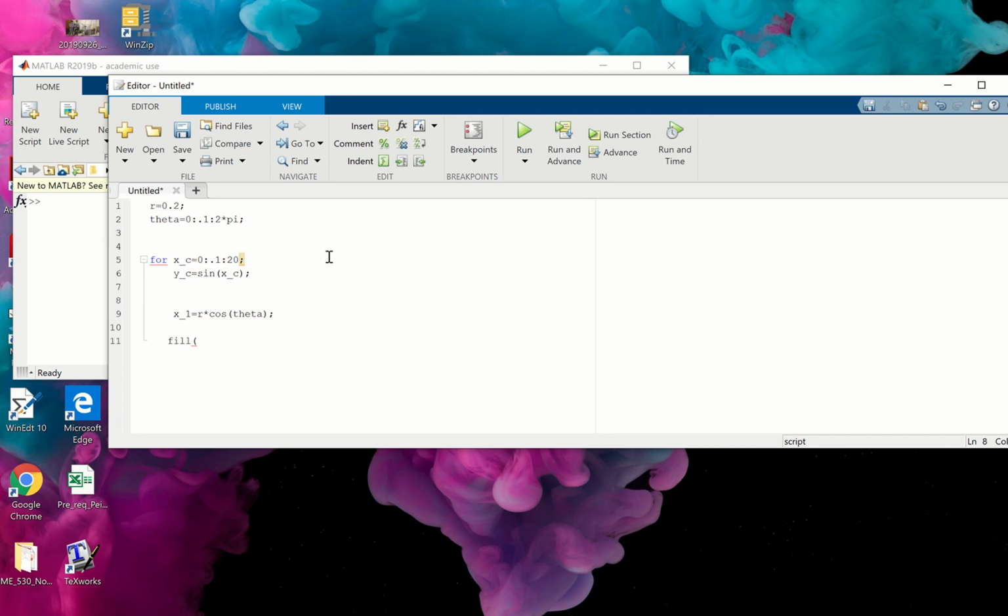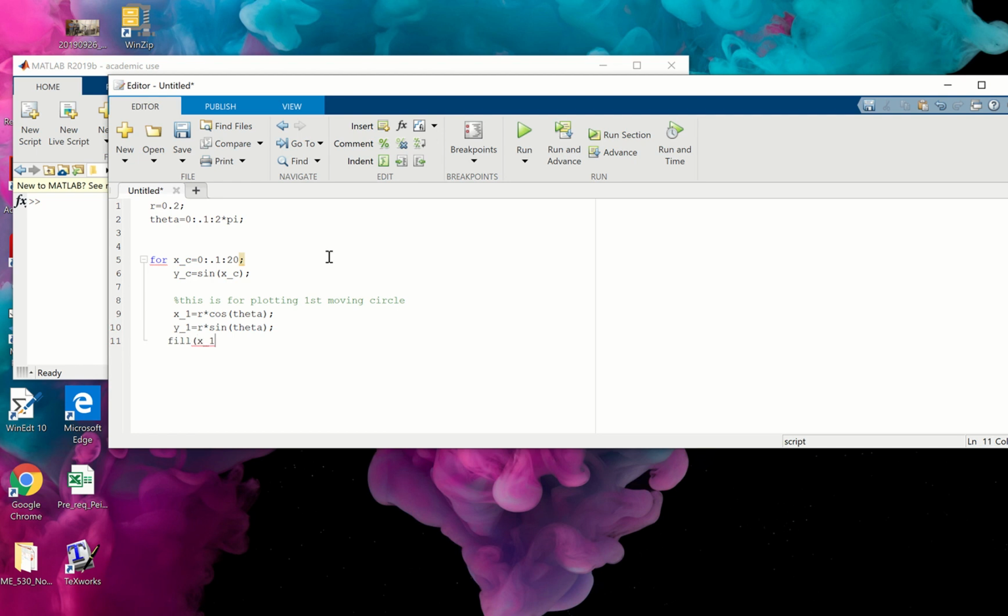As a comment, please do this in MATLAB: this is for plotting the first moving circle. And y1 is r times sine of theta, as I taught you in part 15 or 16, please go and check.